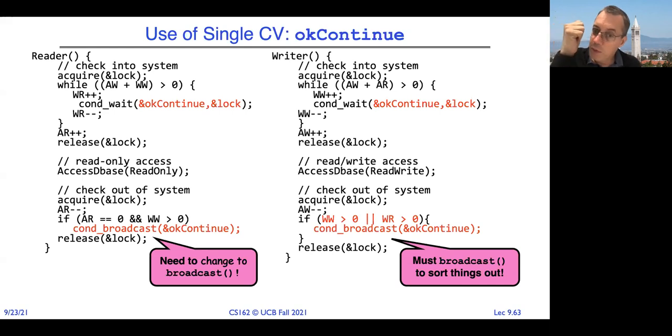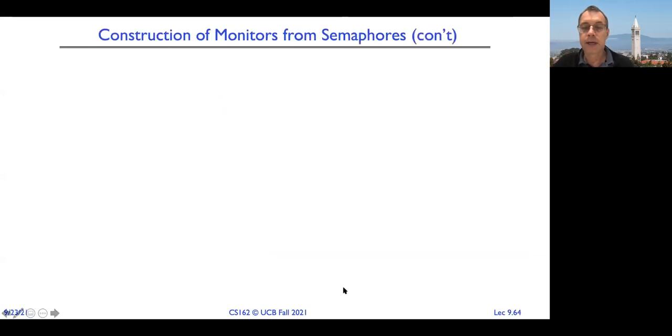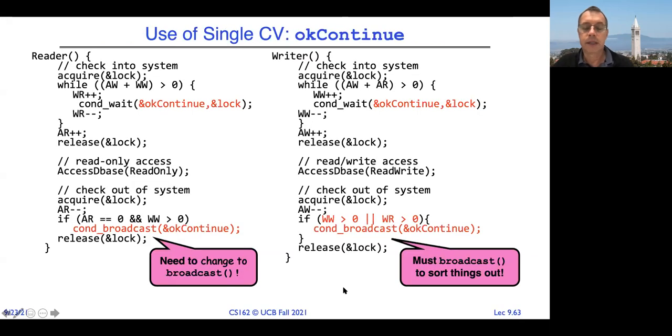But if I am waking up the wrong thread, that signal was wasted, and the correct thread will not be woken up. So you can have deadlocks. That's why you have to be liberal with the broadcast. And I think that it's a good place to stop. We are done with this example.